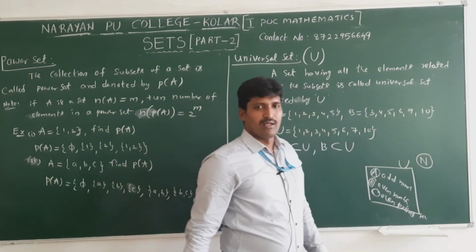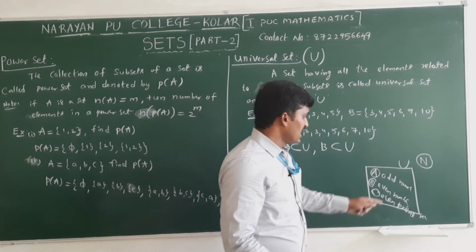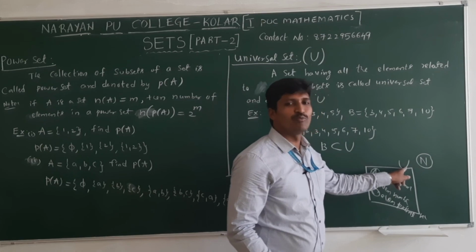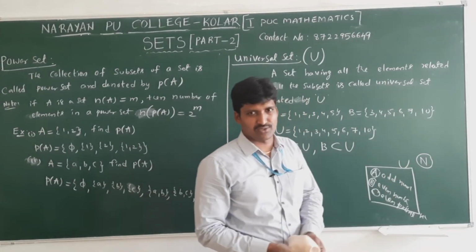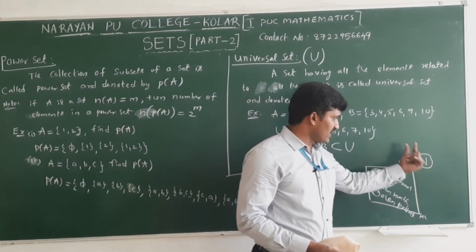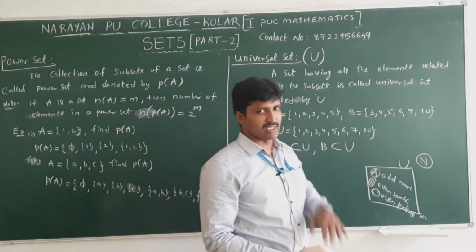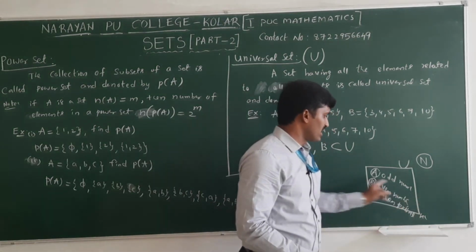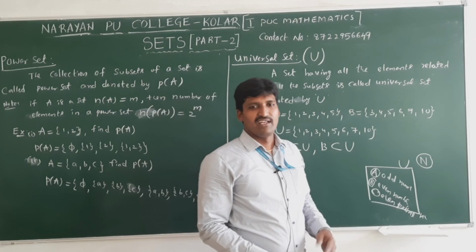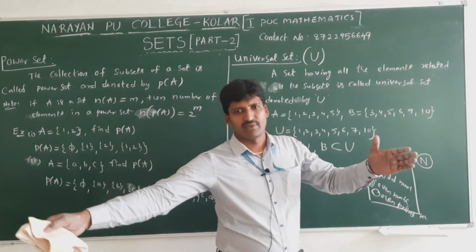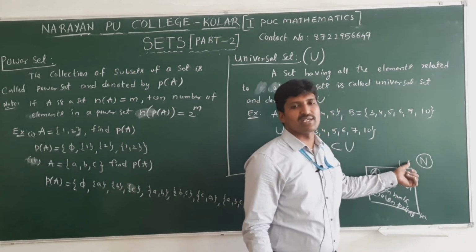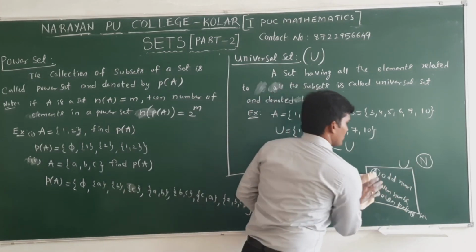Understood? Like this you can take several. But every element in these sets is in U. That is simple logic, it's very easy. If I consider U as natural numbers, in these natural numbers I can make several subsets: odd numbers, even prime numbers, positive integers. These are all different subsets I made. But all these elements are a part of which one? Universal set. Okay?